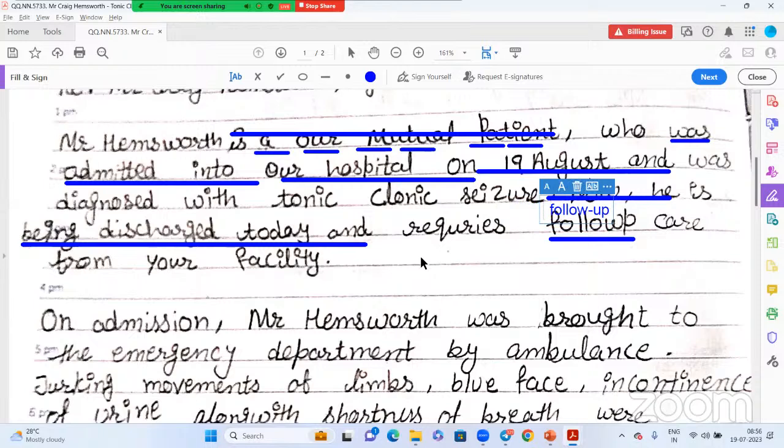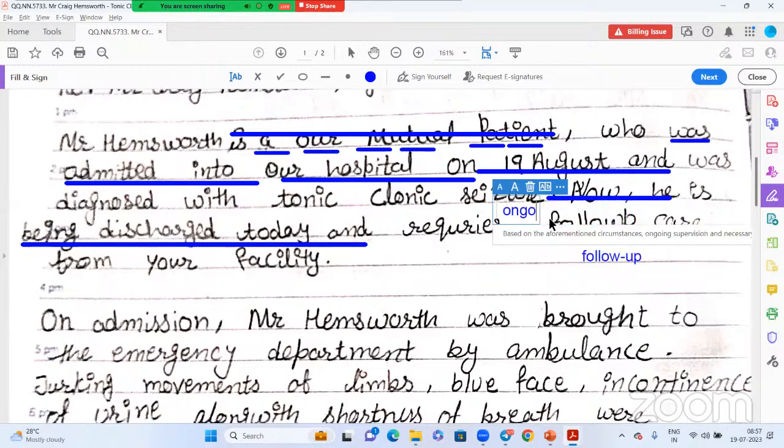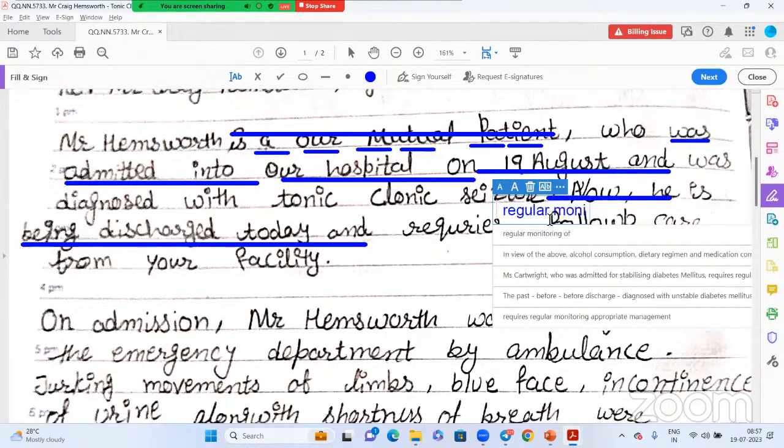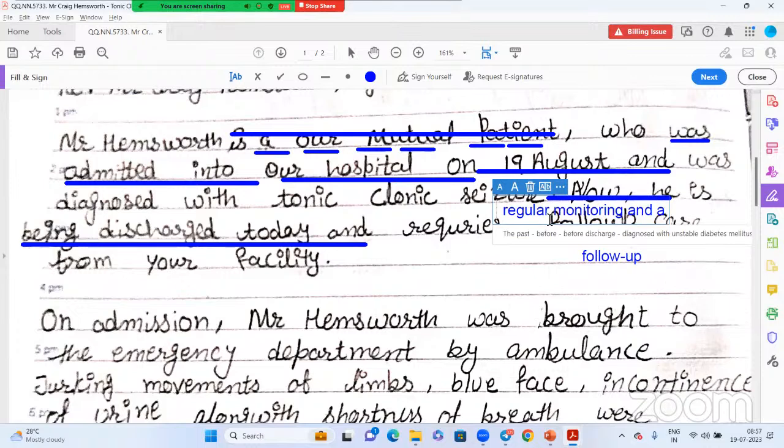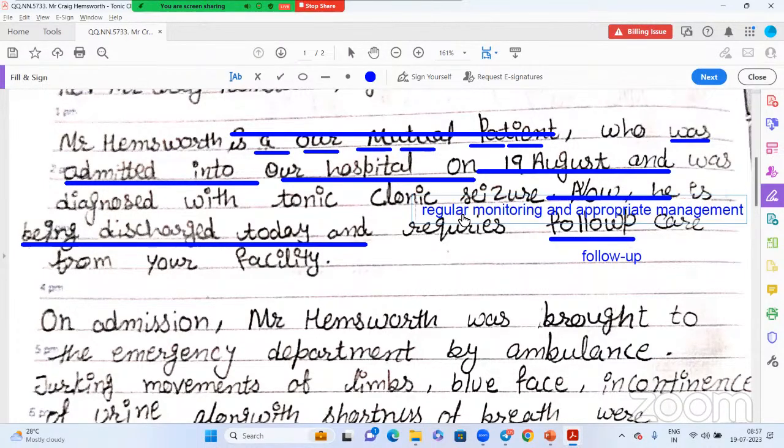Requires what? Requires regular monitoring and appropriate management following the discharge.